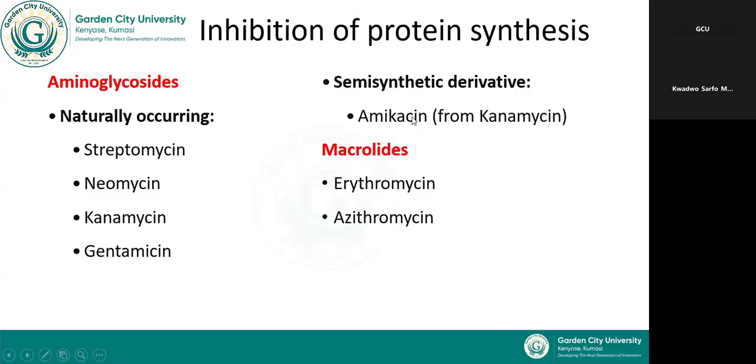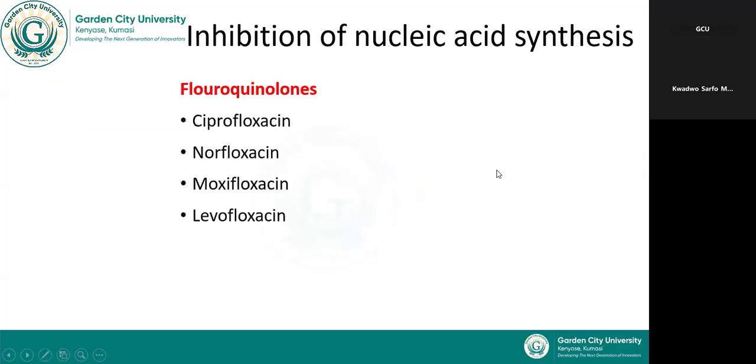But we have the semi-synthetic type that can be derived from kanamycin to make amikacin. So the clinician may decide to prescribe erythromycin depending on the organism, or going for streptomycin depending on the organism, but they all inhibit protein synthesis.